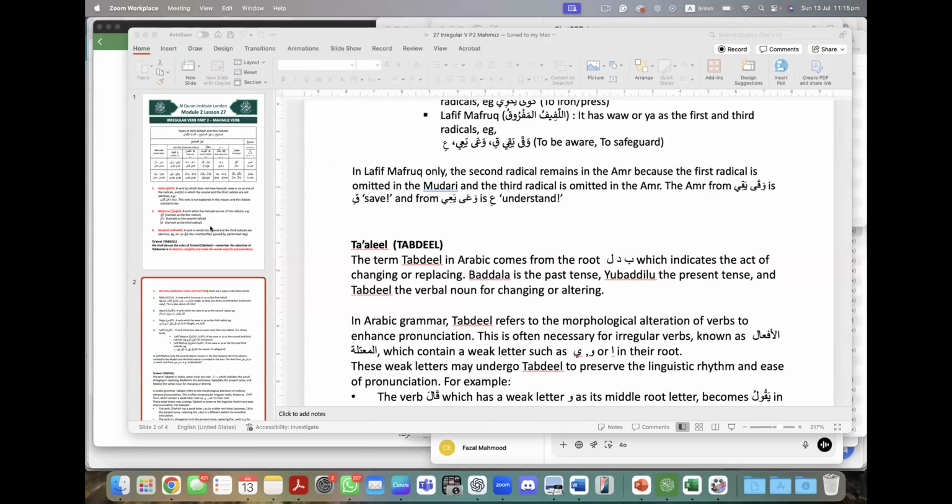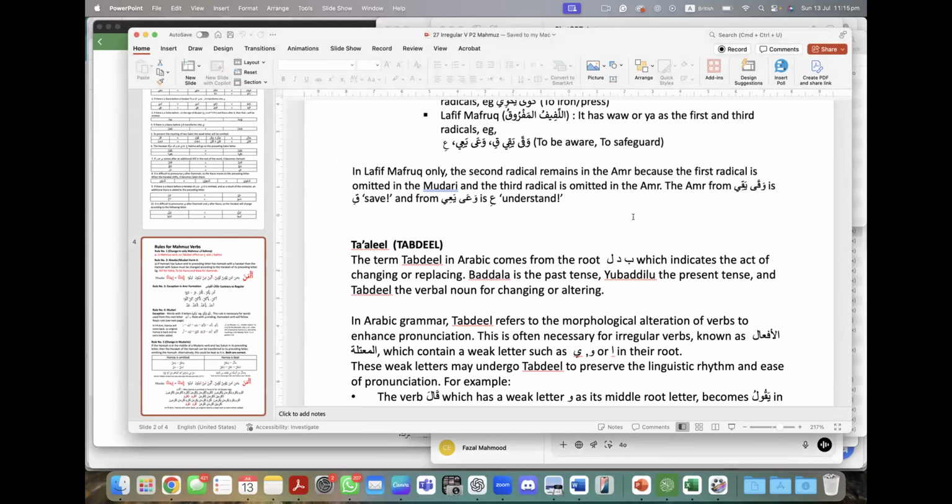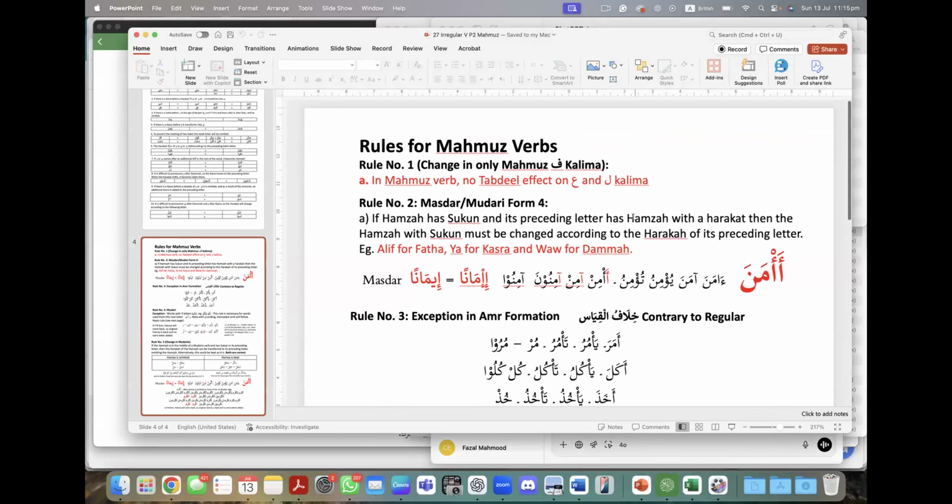So I just wanted to know, Ustad, how many total lessons there are apart from this one. On this, we haven't covered mahmuz as a chapter. We haven't done it today, right, Ustad?